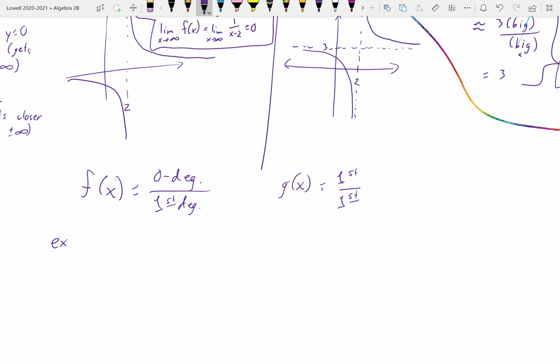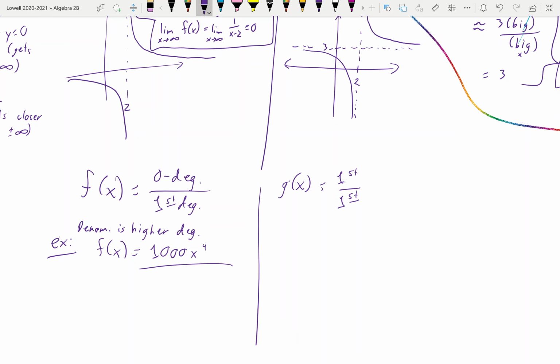Another example of something like this would be, let's say f of x is equal to, and I'll do something crazy, 1,000 x to the fourth plus x squared over 2x to the fifth minus 4x cubed, and so on. And that's my rational function.